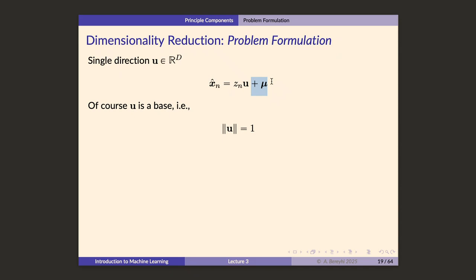So let's do it here. So say I have this case where I have my points lying on this line. Okay? This is the line that I have. So what I do know is that this particular direction is the direction of u.